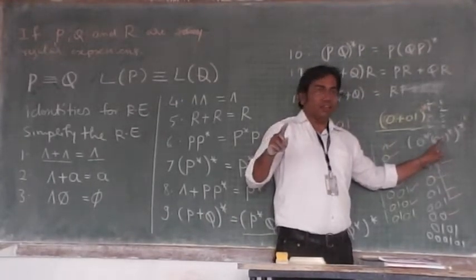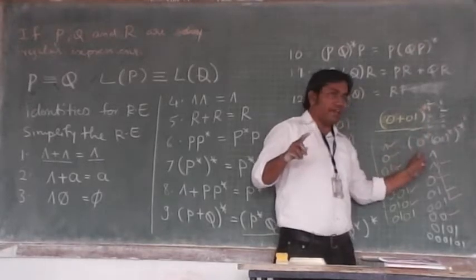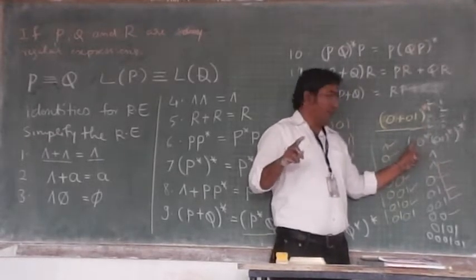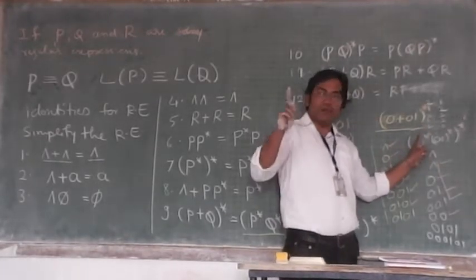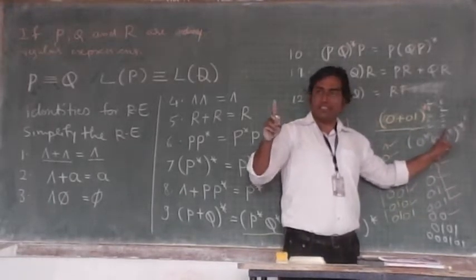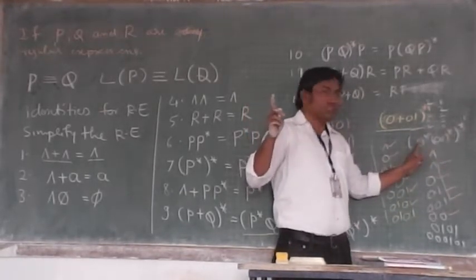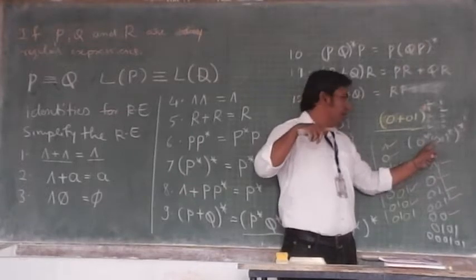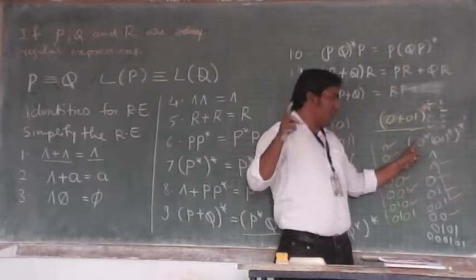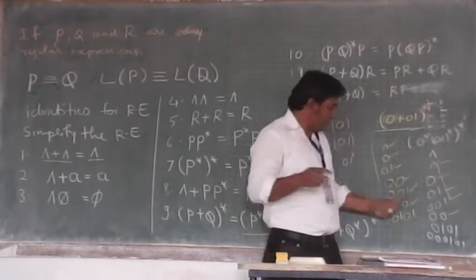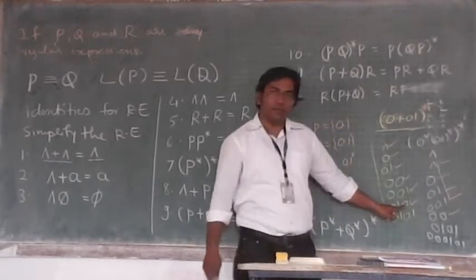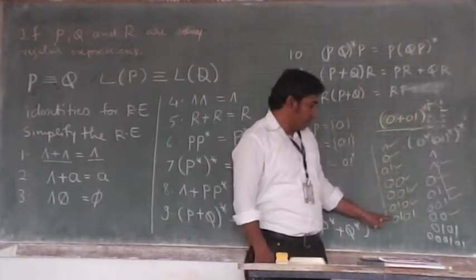In the second entry, I again enter into this bracket. In that case, I will consider this star as a 1 and this 0 1 star as a 0. In that case, I will get 0. So previously I got 0 1, in the second entry I got 0. So in this way, 0 1 0 can also be produced by using this regular expression.